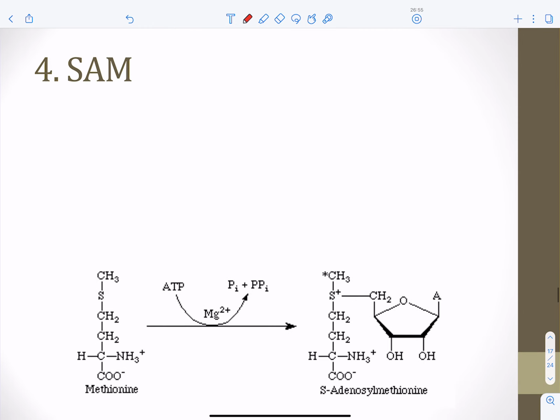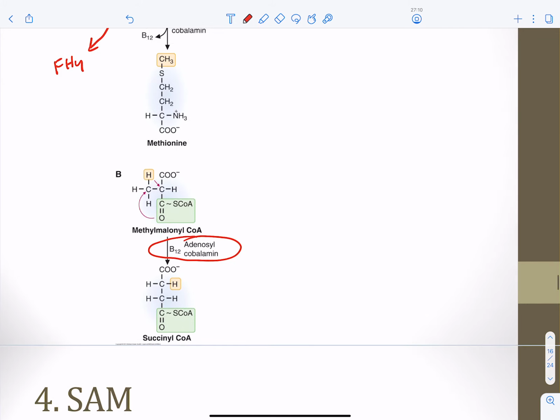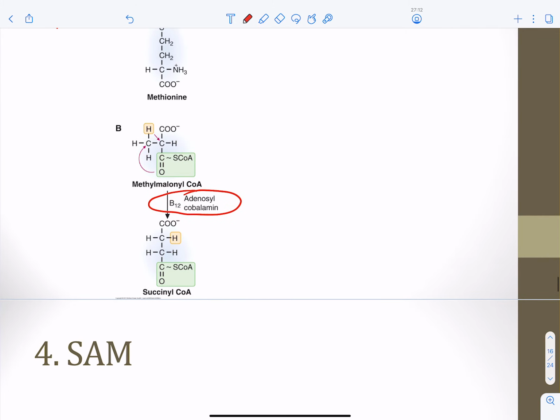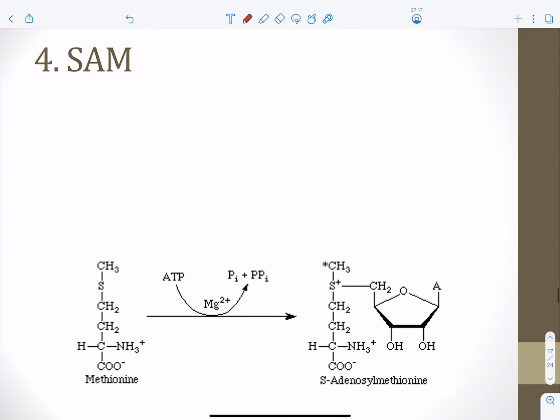Now SAM is going to be downstream of your methionine and that whole transfer of your methyl group from that N5-methyl tetrahydrofolate to vitamin B12, which was up here, to our homocysteine to create methionine. And then from methionine, you can create SAM using ATP. And so those are the two precursors.